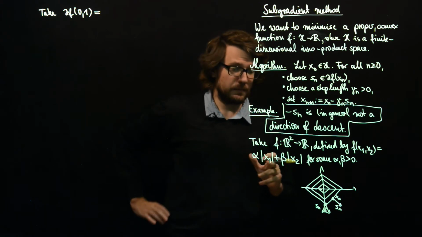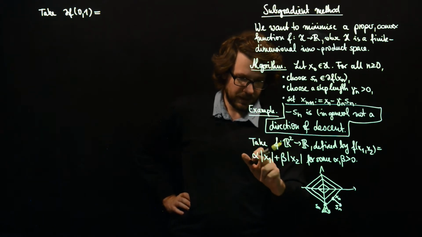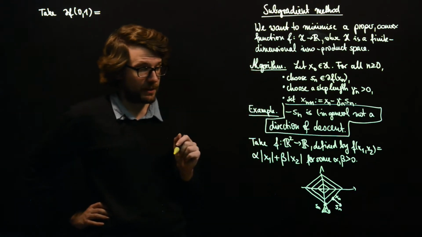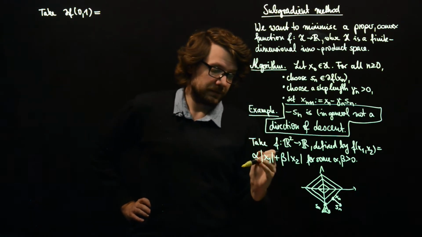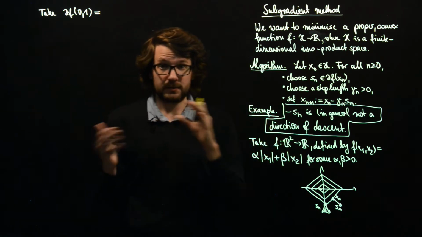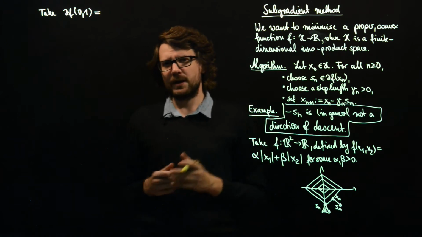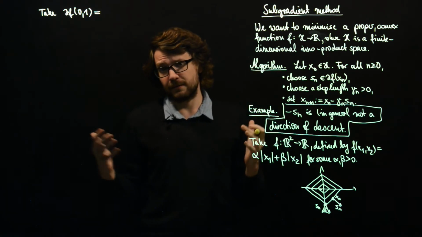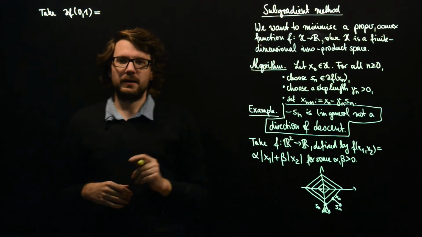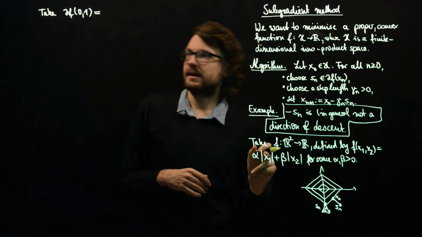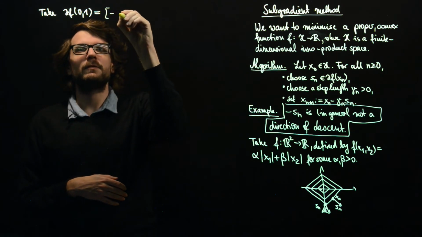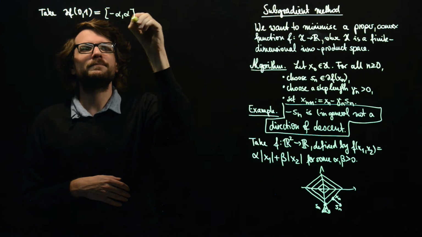So at (0, 1), we have a point of non-differentiability for x1, and the subdifferential of the absolute value function at x1 will be the closed interval from -1 to 1. If you multiply this with alpha, then you get the closed interval from minus alpha to alpha.